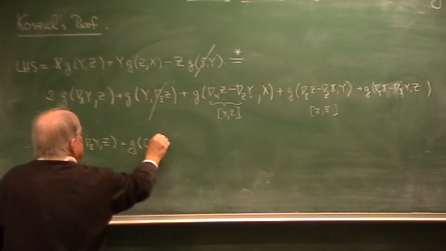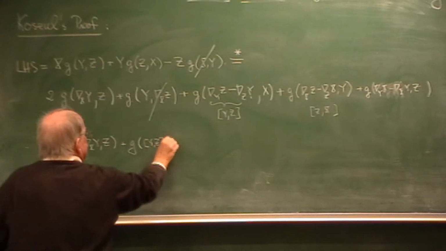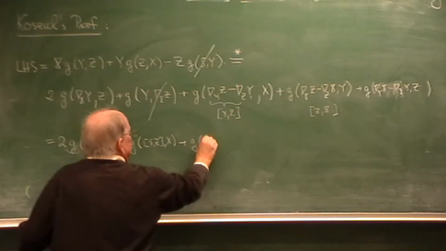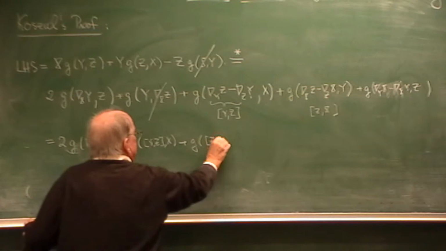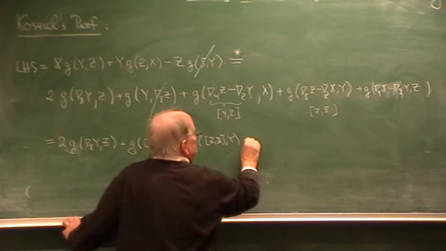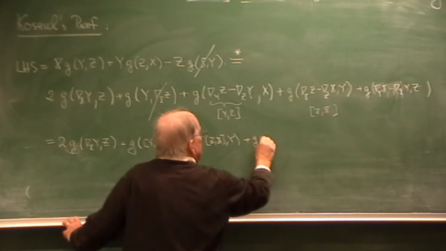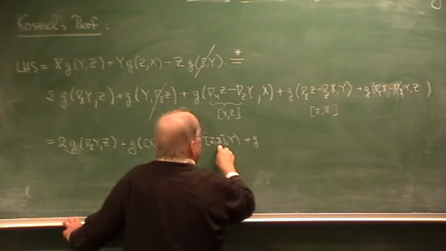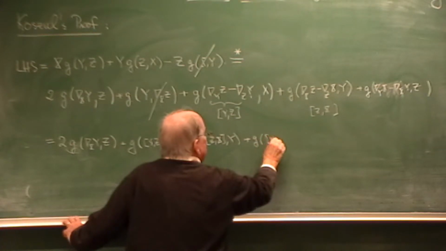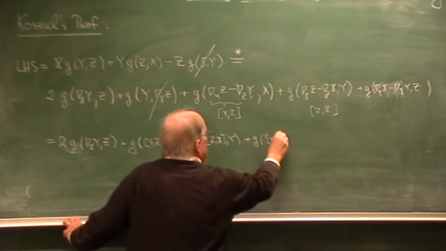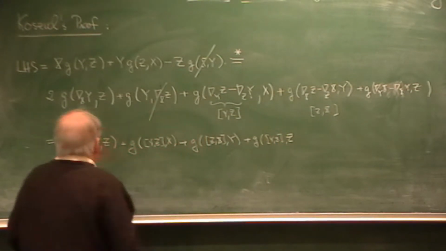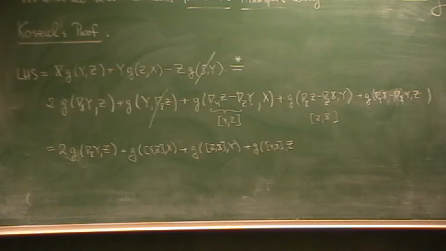Y, z, x plus nabla g of z, x, y. And then the final term is g of, z, and g of y, x.